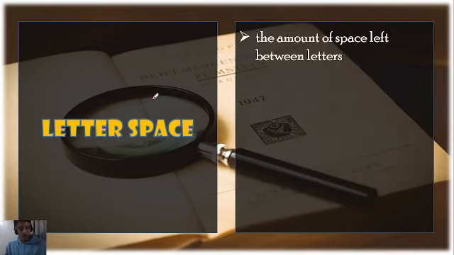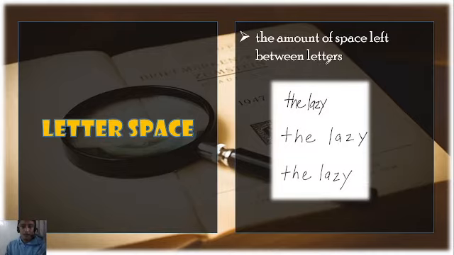So letter space, we are simply referring to the space between the letters. If we have word space, then we also have letter space, and we also consider this in handwriting identification. Like we said earlier, in individual characteristics, different individuals create their own style in spacing their letters.